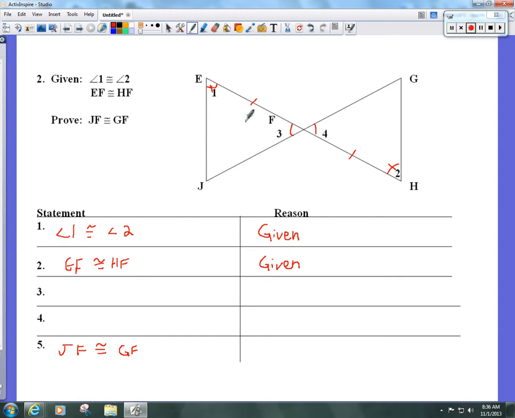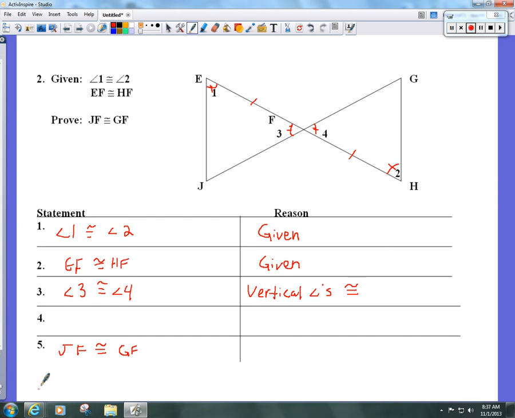But I do know that JG and EH are intersecting, so I know that these angles, 3 and 4, must be vertical angles, by vertical angles are congruent. So let's write that down in one of our statements. I know angle 3 is congruent to angle 4 because vertical angles are congruent.